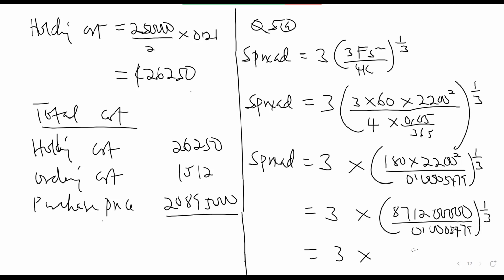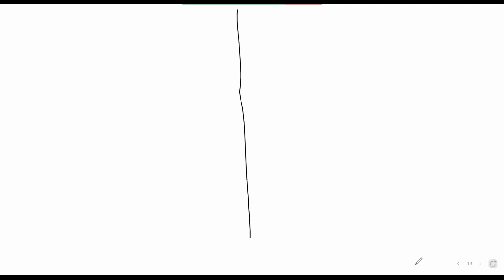I'm getting 11,671.51. So if you multiply by 3, what are you getting? 35,014.52.